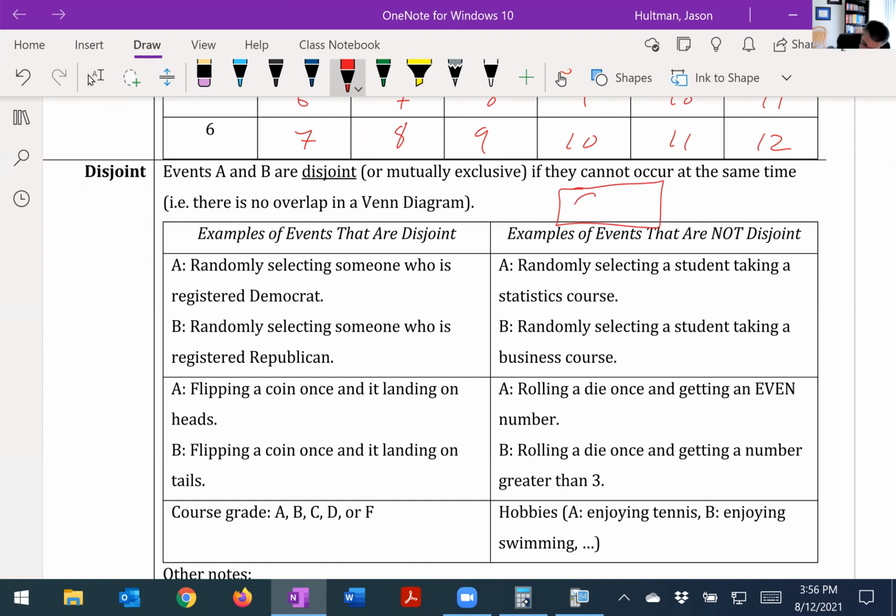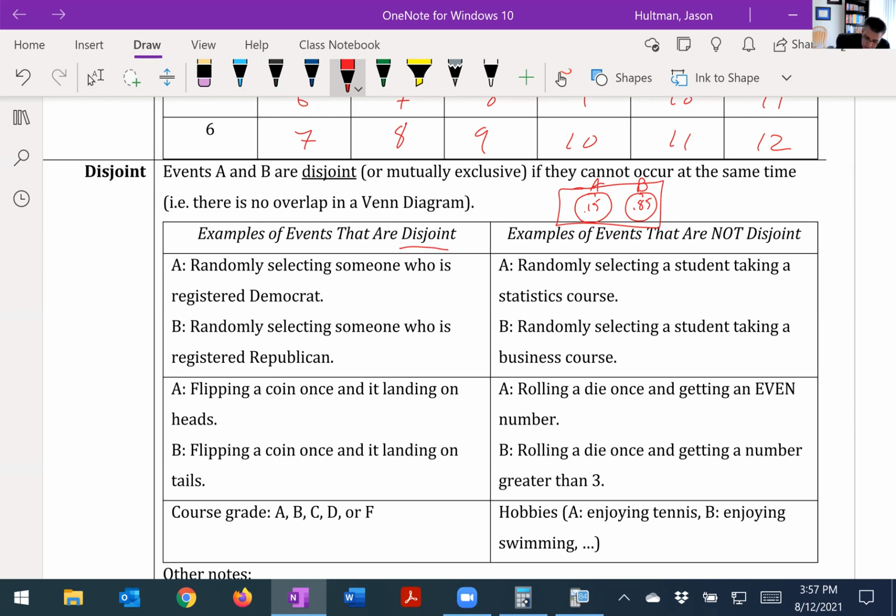The probability that somebody is pregnant is 0.15. The probability that they're not pregnant is 0.85. The probability that you're male and you're pregnant is 0%. You either are or you're not. That means they're disjoint. Either it happens or it doesn't.